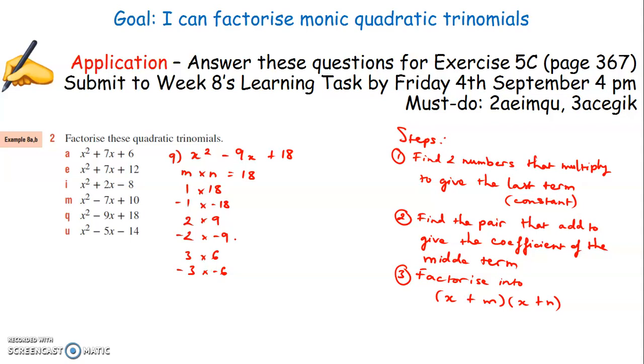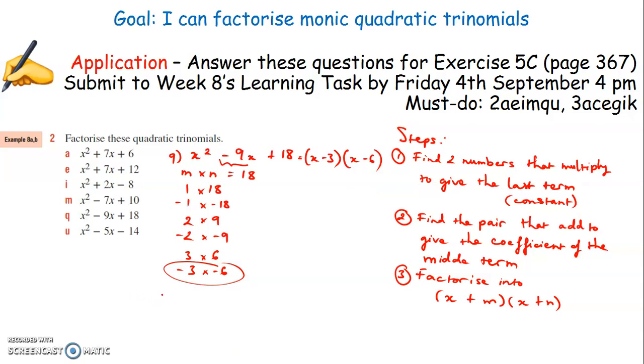The two numbers that add up to give us negative 9, I hope you can see, are negative 3 and negative 6. So our answer is x minus 3, x minus 6. Just put these two numbers in two pairs of brackets.